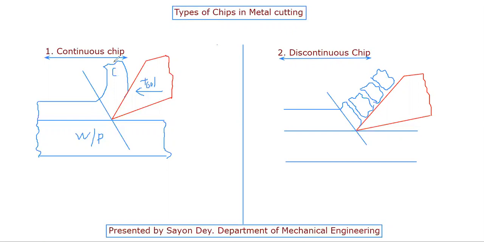Here we can see the continuation of the nature of this chip, but here we can see this discontinuity. That means these are the chip segments. I'm writing here chip segments. This is our tool and this is our workpiece.